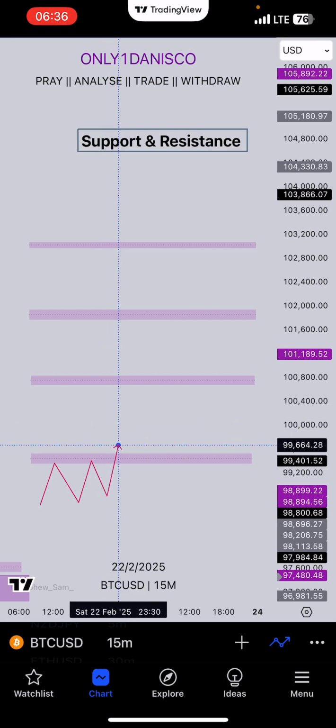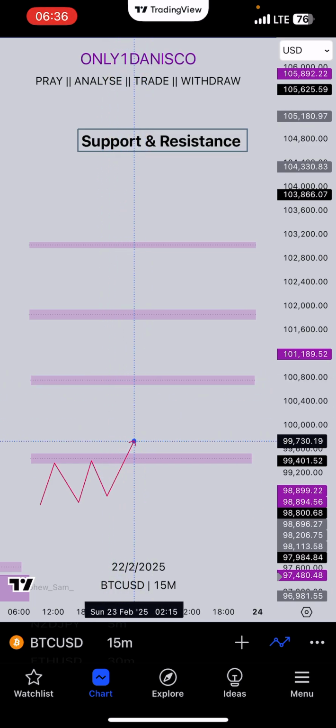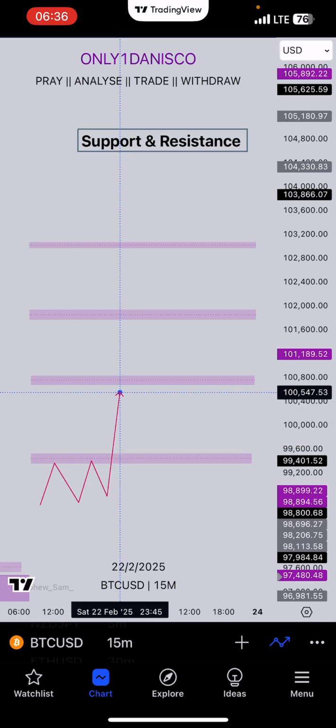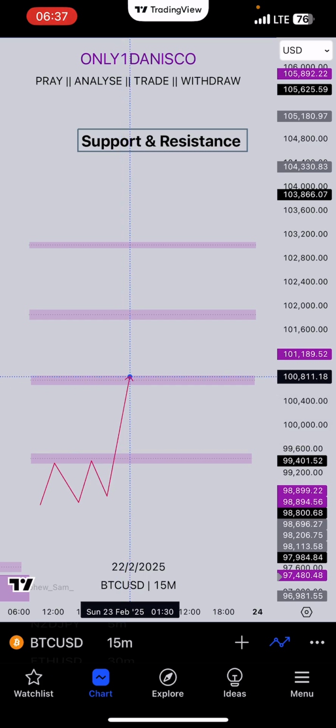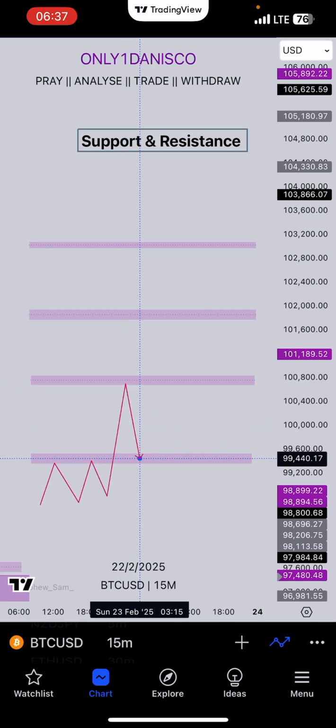Once the price breaks the zone, it will not just move to this point, but in some market conditions you may see price moving to this point. Hope you understand.